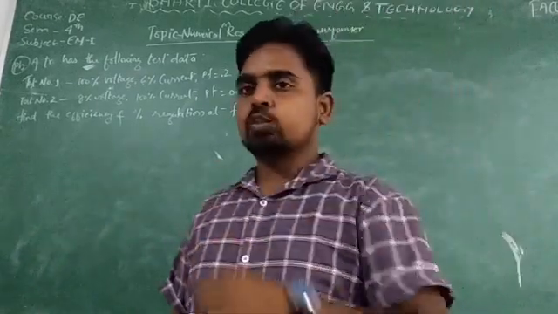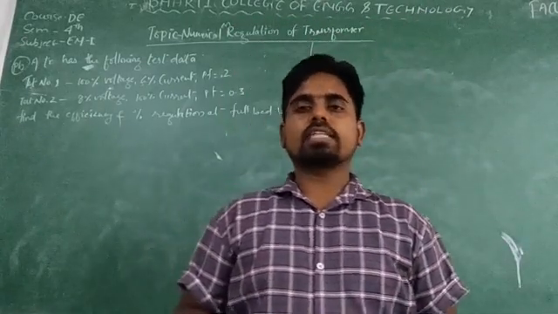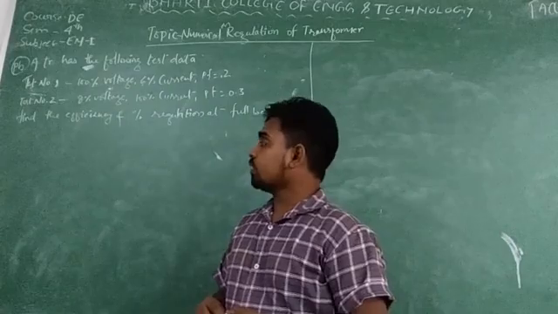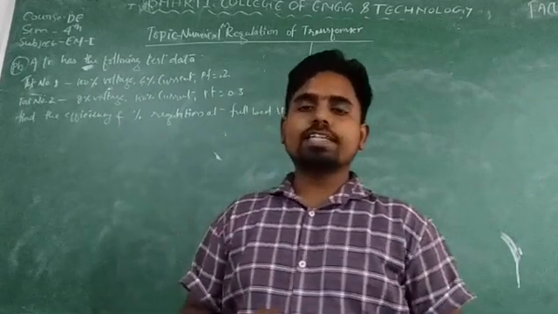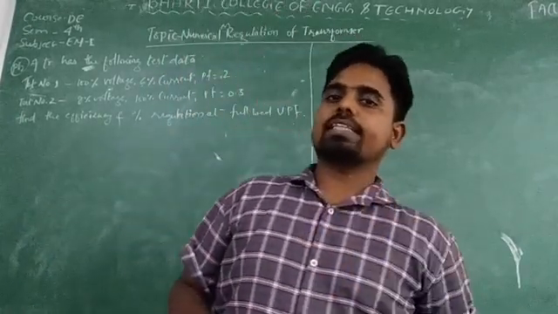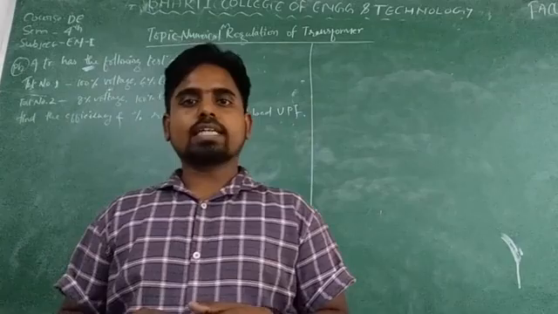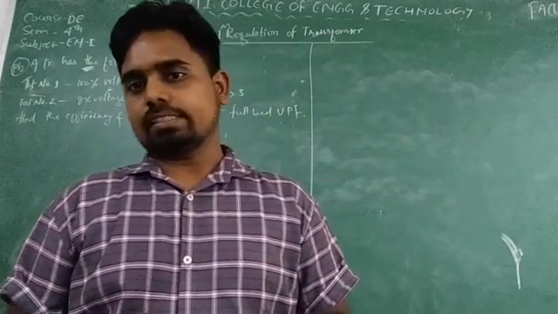So in this question we need to find the efficiency and the voltage regulation of a transformer, and to find these values we need to perform two tests. Test number 1 is the open circuit test or no load test, and test number 2 is a short circuit test.